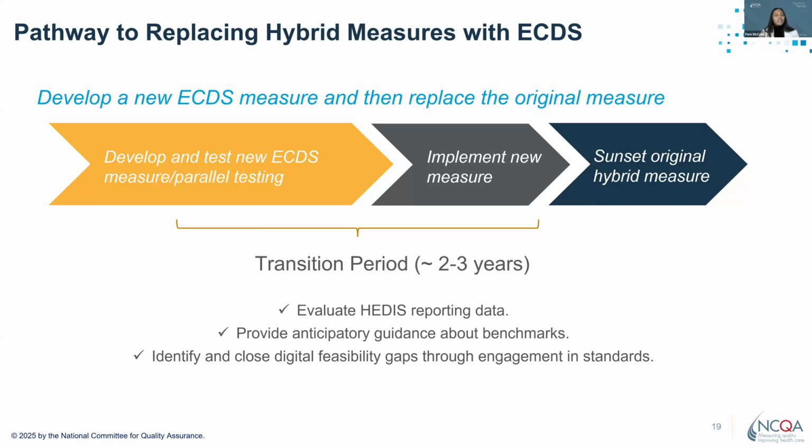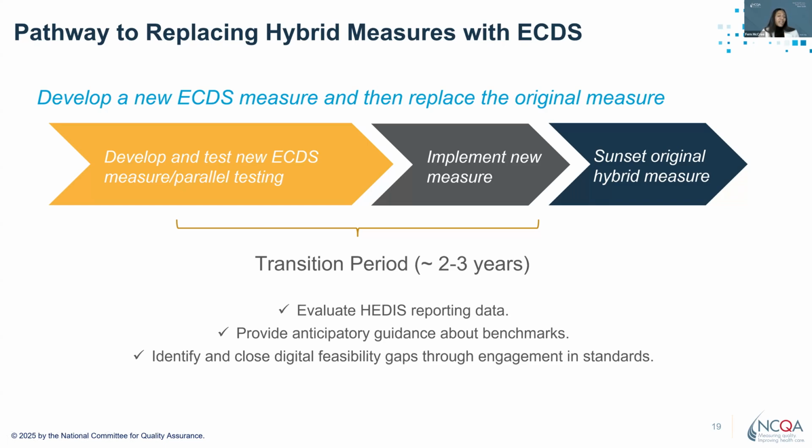So we'll first develop and test the new measure and conduct some parallel testing of the new and old. Then we'll implement the new measure, the ECDS version of the measure. And after we're done with the transition period, we would sunset the hybrid measure. And during that period, we will continue to evaluate the HEDIS reporting data.